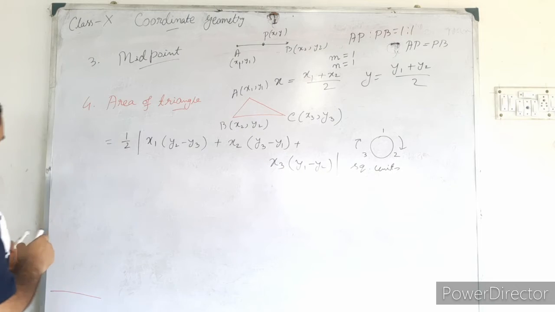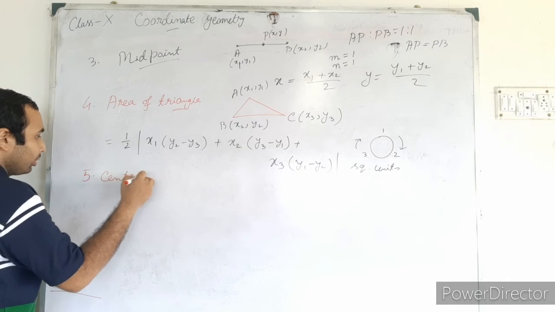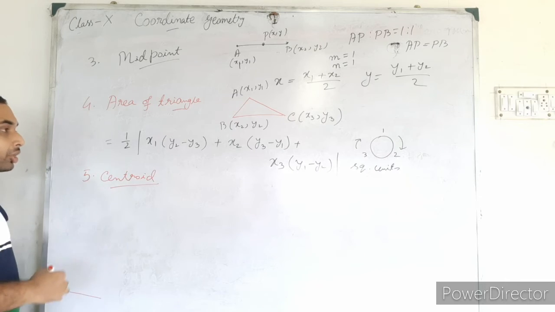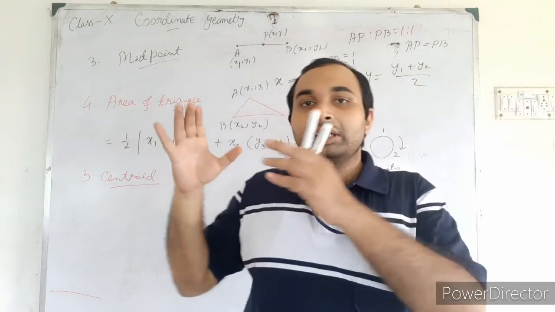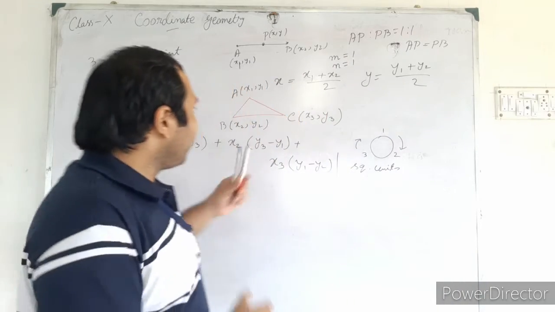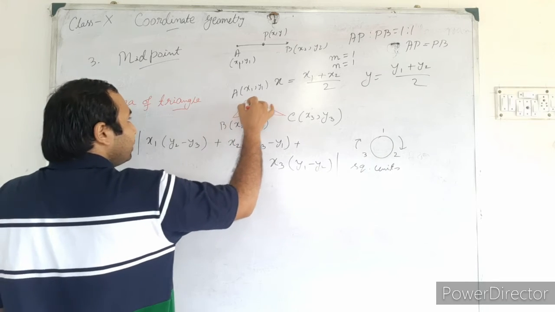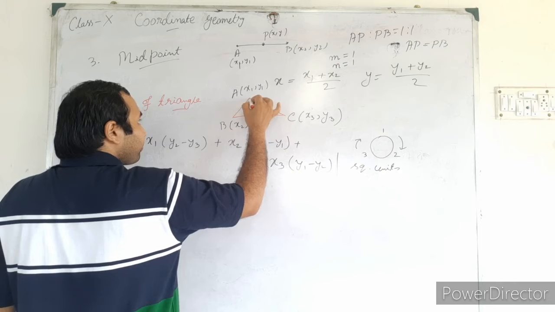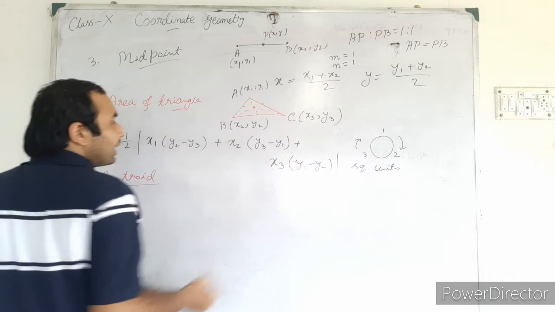Okay. Now number 5, centroid of a triangle. You know the centroid of the triangle means the intersection point of the medians of the triangle. So if we draw the medians here, like that, this is the centroid.